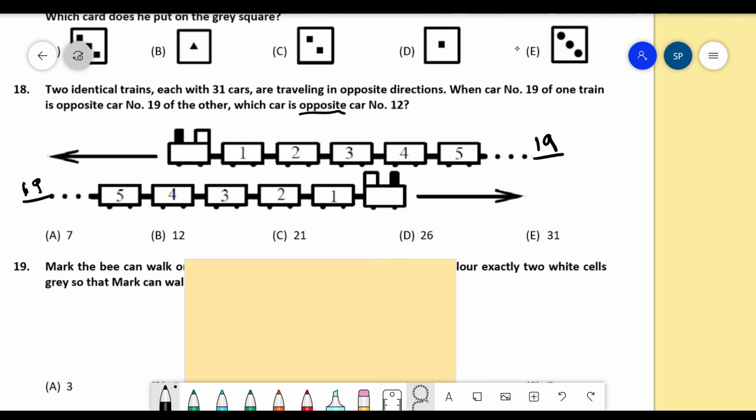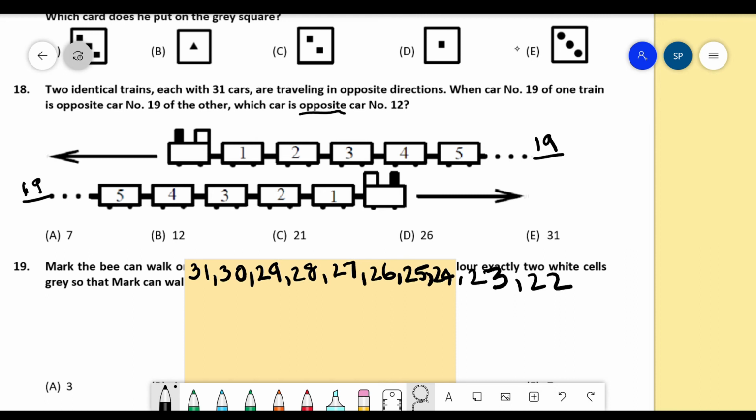So this one's 31, this one's 31, 30, 29, 28, 27, 26, 25, 24, and we're going to go past that, 23, 22, 21, 20, and 19. So we've gone to 19.